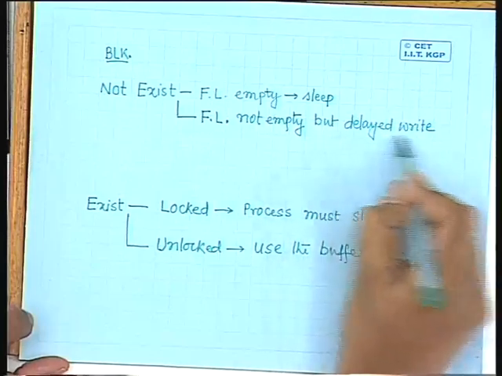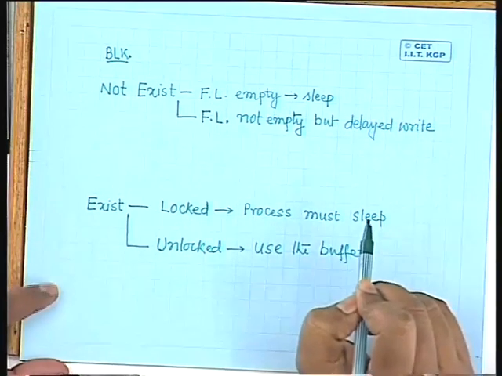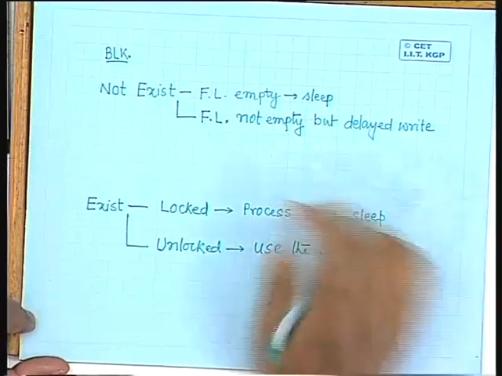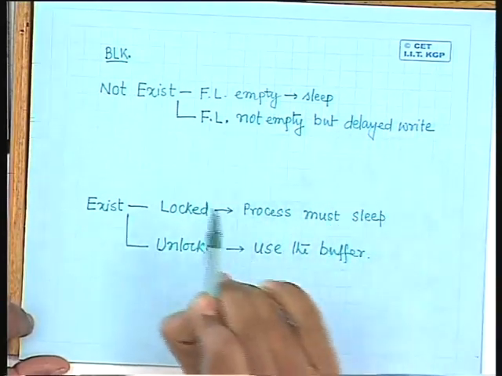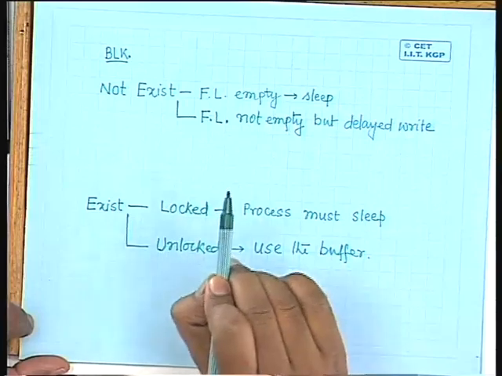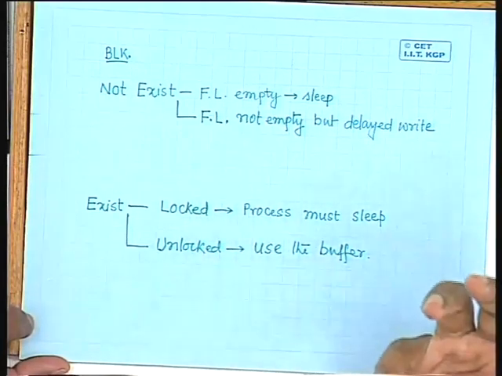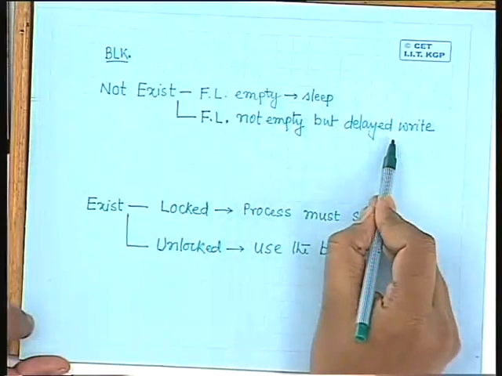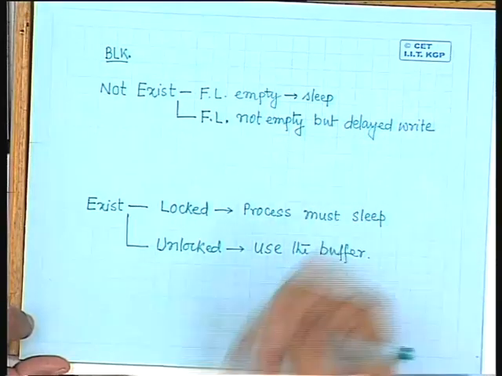This writing process is called asynchronous writing. Asynchronous in the sense that the process requesting the block has initiated this writing operation, but it does not wait for the writing operation to complete, because any free block will meet the requirement of the process. So the process simply initiates this write operation, and without waiting for it to complete, it searches for another free block.